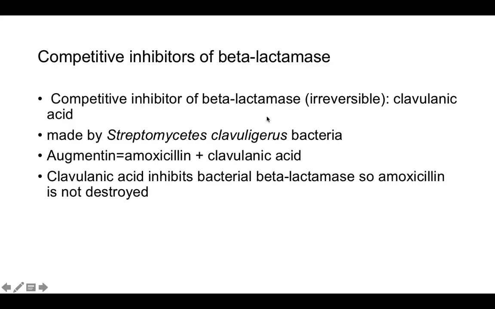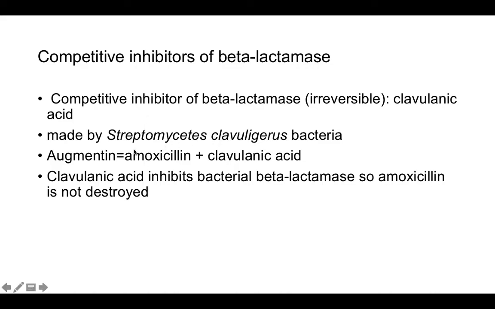And then another approach humans used was to try to find an irreversible competitive inhibitor of beta-lactamase, and this was successful. They isolated clavulanic acid. It was made by a soil bacterium called Streptomyces. This big genus of Streptomyces is famous for making lots and lots of antibiotics. They're an amazing group. So the clavulanic acid will bind in the active site of the bacterial beta-lactamase, so the beta-lactamase can't function anymore.